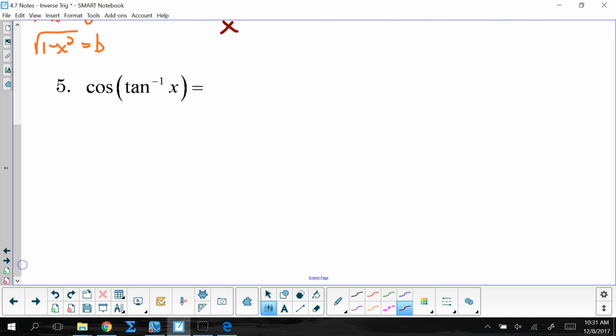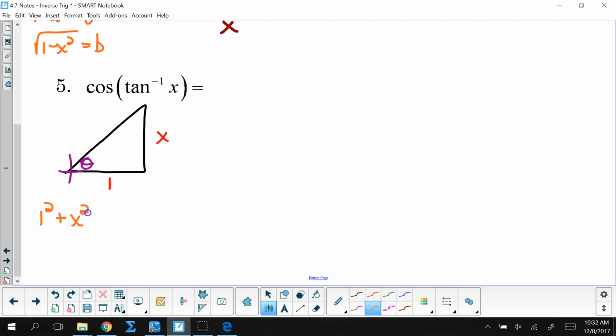Cosine of the inverse tangent of x. Tangent is opposite over adjacent, so that's here now. So that tweaks my math just a little bit. So that's 1 plus x squared is equal to c squared.